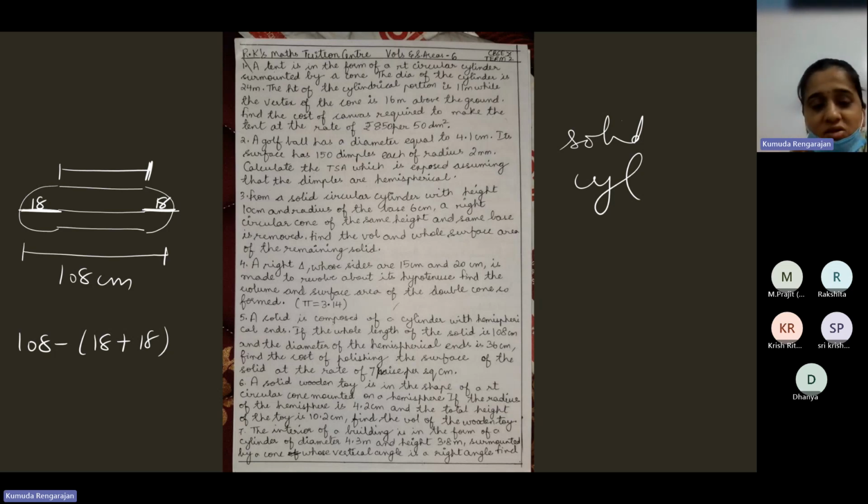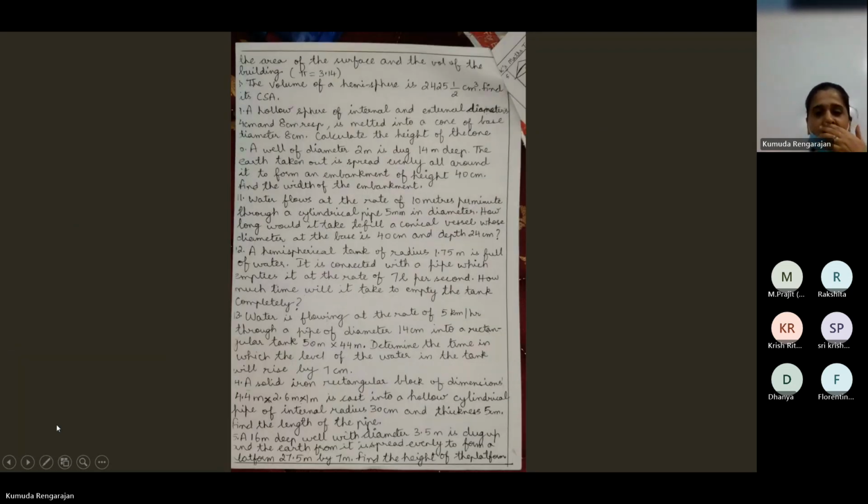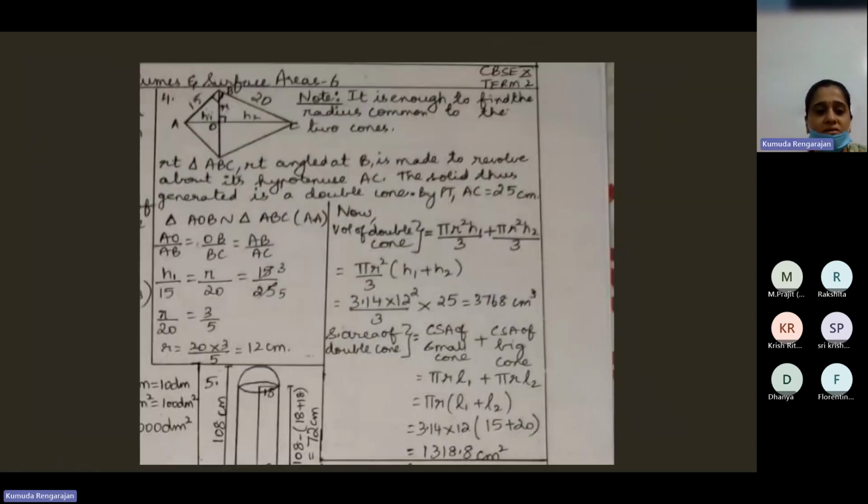Length of the cylinder is not 108. 108 minus 18 from both the sides will be the height of the cylinder. Yeah, you can have a look at the answer.